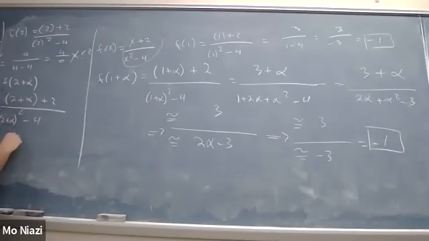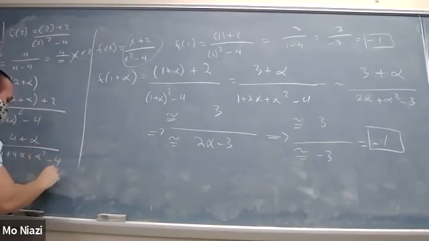So on the top, we get 4 plus alpha. This becomes 4 plus 4 alpha plus alpha squared minus 4. The 4's cancel.